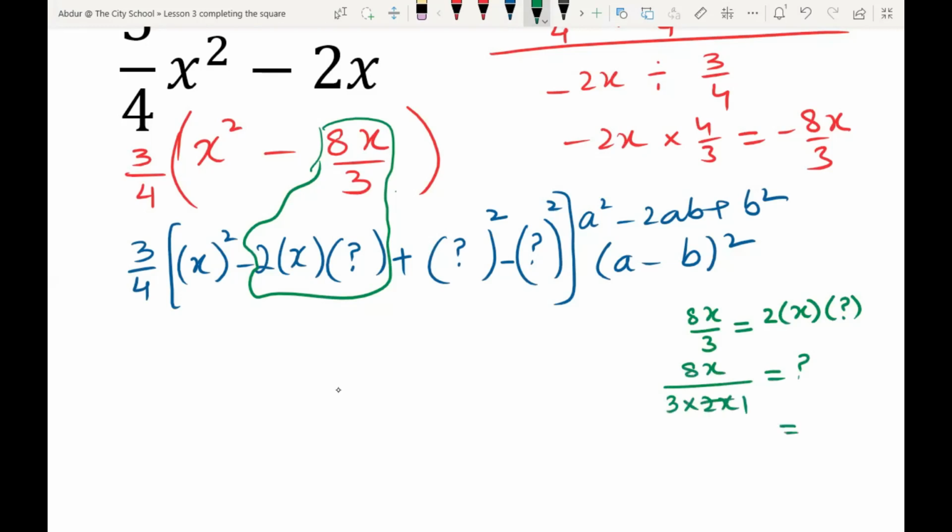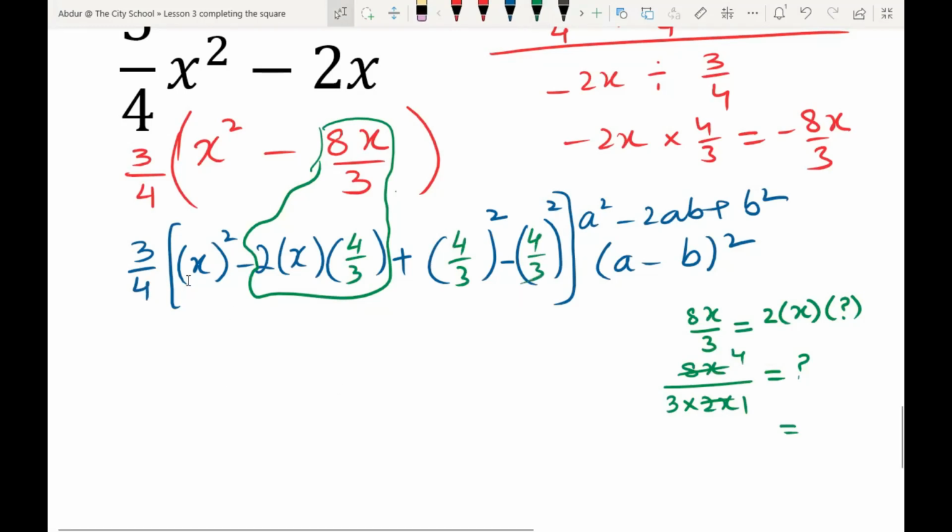So 2 ones are 2, 2 fours are 4, 4 over 3. Remove the question mark sign and write down 4 over 3.